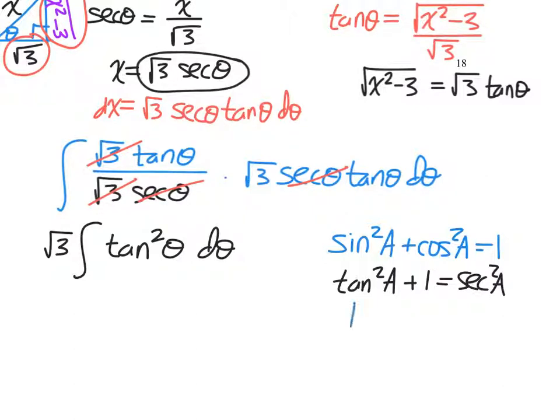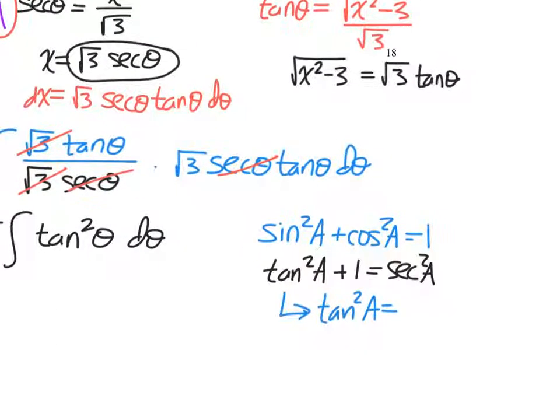If that's the case, a little corollary to that would be that tangent squared is equal to secant squared minus 1. And if you know that fact, and I don't mean this particular fact, I mean that sine squared plus cosine squared is equal to 1, and that you can do stuff to that equation, if you know that information, then you could always arrive at this. All right.